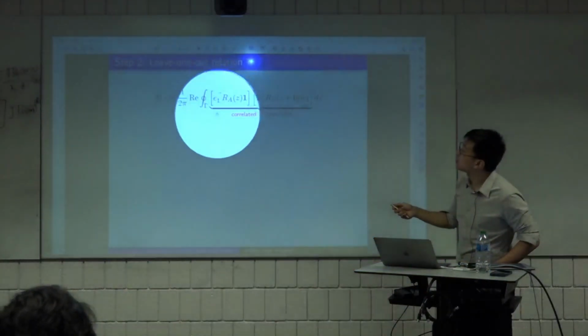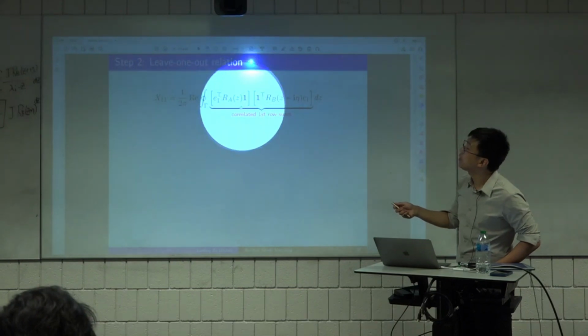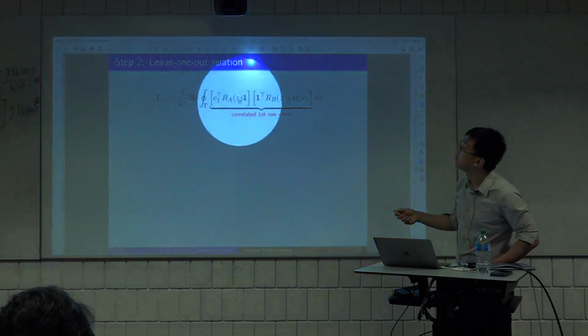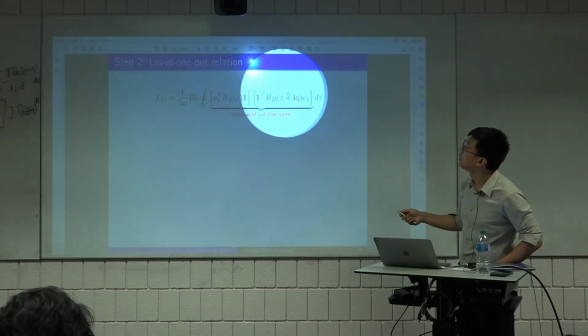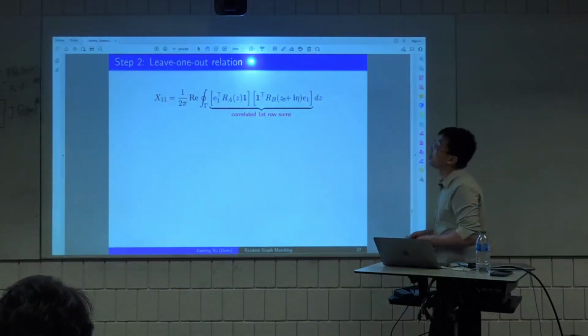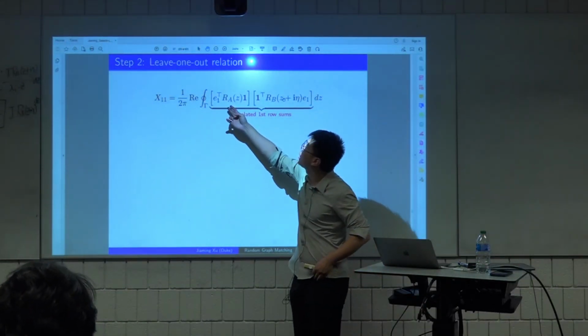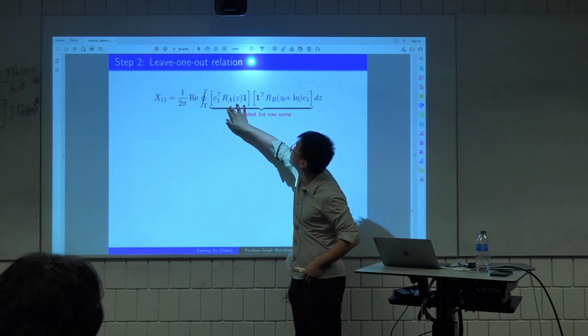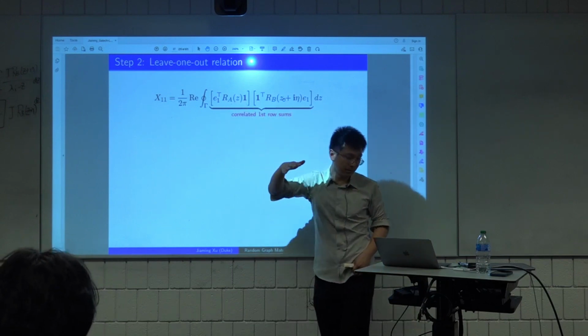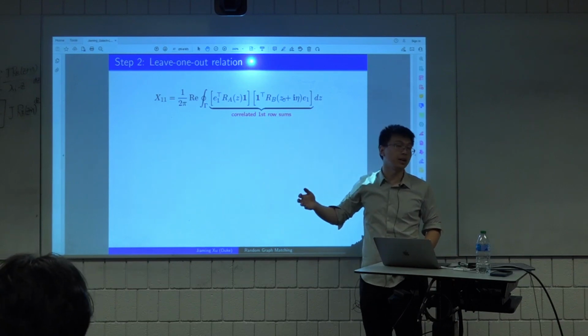One thing very crucial that I highlight here is that I can rewrite this as two parts. You can think of this as a row sum of the first row of the resolvent A, and this is the row sum of the first row of the resolvent B, right? You may want to directly plug in the resolvent approximation for this one. Remember, we can show that the row sum of the resolvent is at most polylog n.